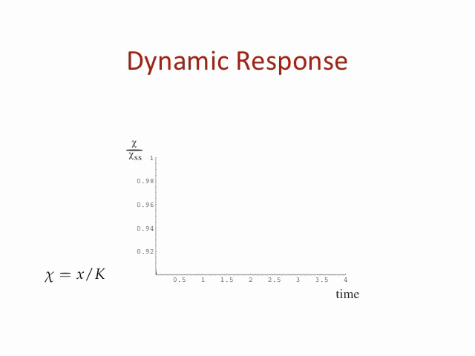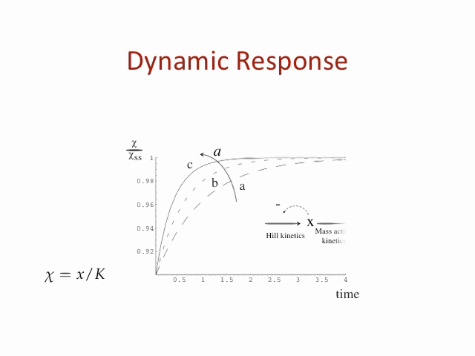I can now simulate, and this simulation shows the dimensionless concentration chi, plotted relative to the steady state, so I can plot many curves on the same plot. If the y-axis is 1, that means I'm at the steady state. These simulations show a drop in the initial concentration by 10%, and I show 3 response curves here with increasing values of A. As A becomes a larger number, the eigenvalue becomes more negative, and you see that the response is sped up.